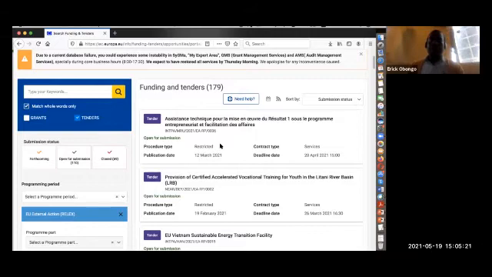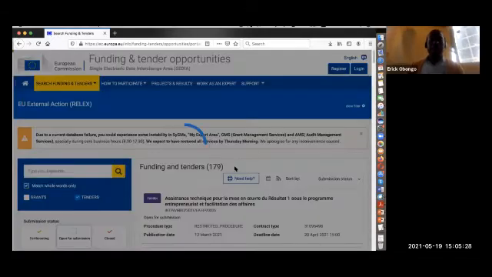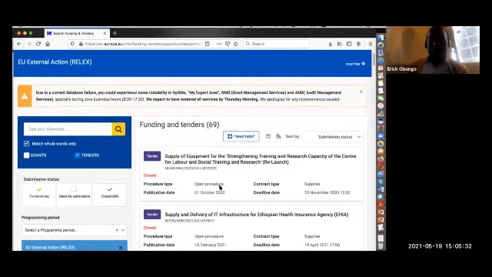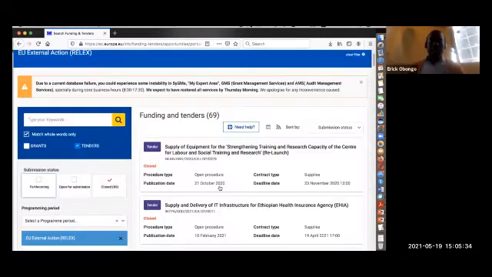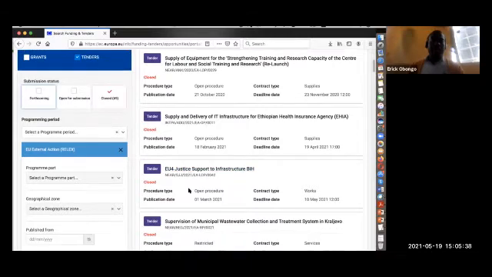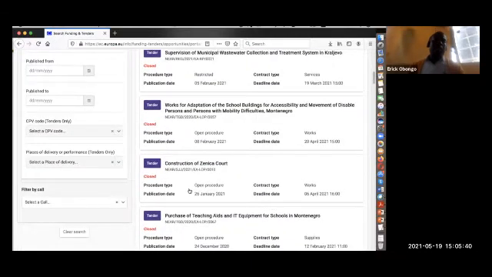The ones which have been closed, the ones which have been open, the ones which are yet to come. So once you click on either of the icons, it will take you to the specific program that you want to check. Like now, you can see all these are closed. These are closed calls for proposal.